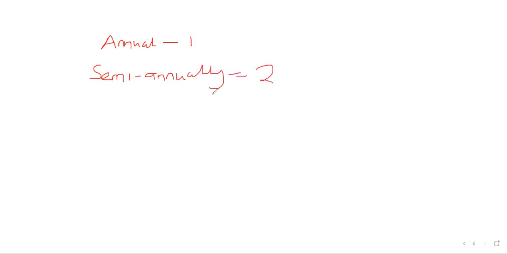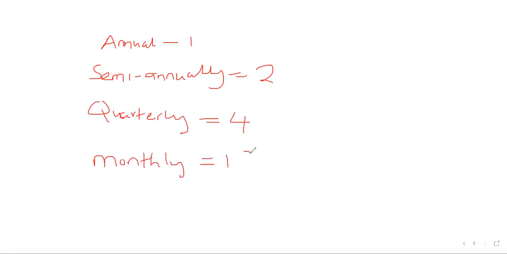If interest is compounded quarterly, how many times are you earning interest? 4 times. If interest is compounded monthly, how many times? 12 times.